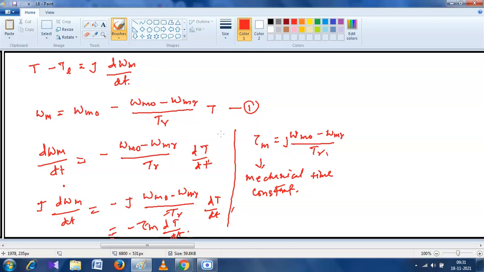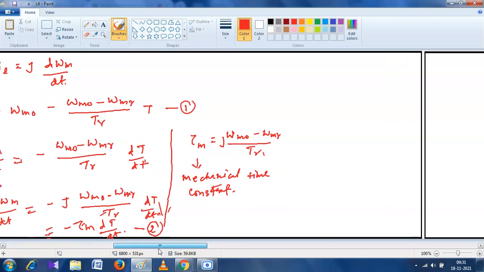So if we put the value from equation 2, the value of J d omega m by dt, in that fundamental torque equation, what do we get? Minus tau m dT by dt.